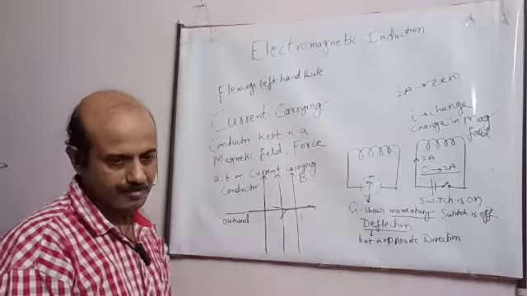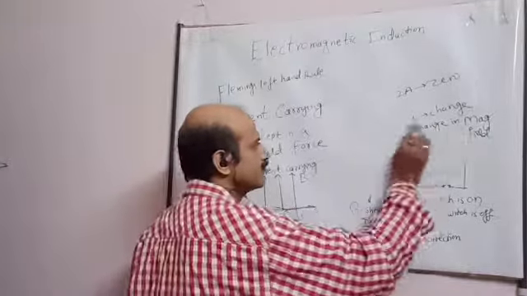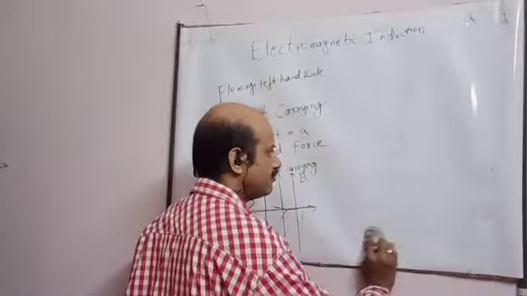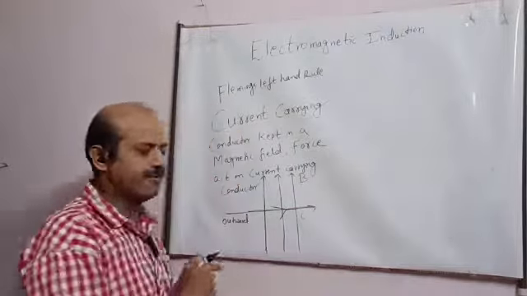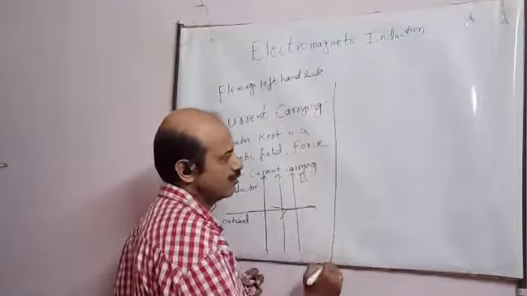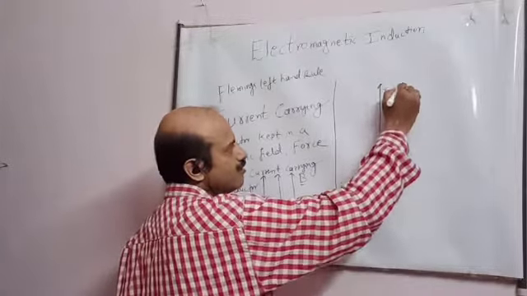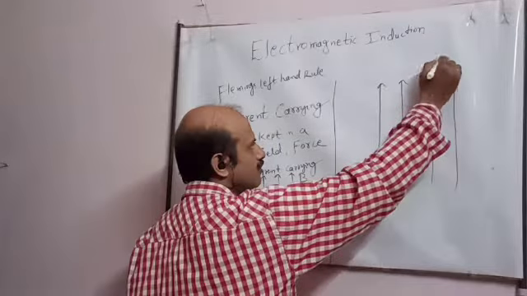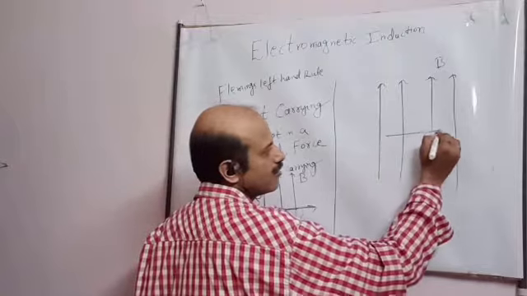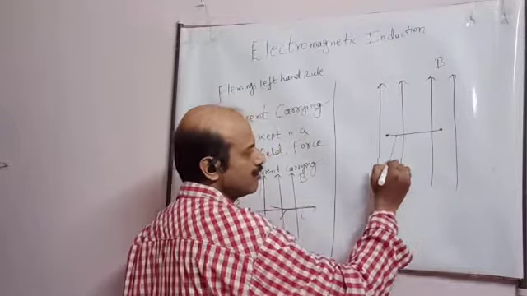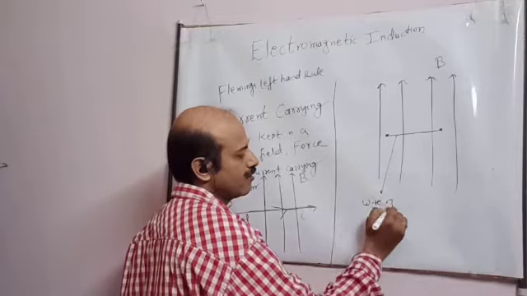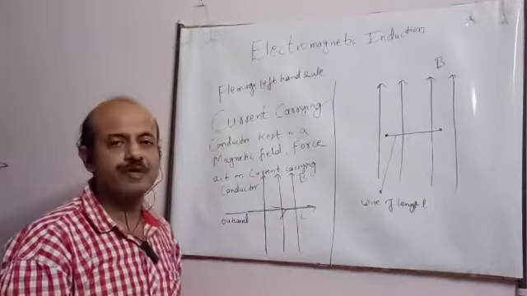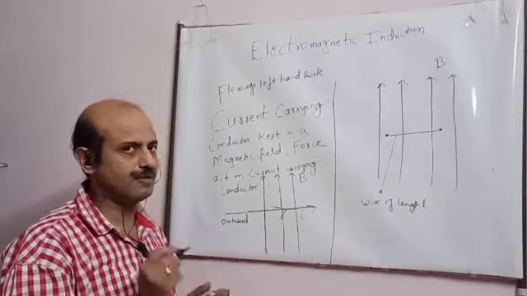Now, students, see the next experiment. This is from the previous chapter. There is a magnetic field and a wire of length L. Listen to what I am saying.